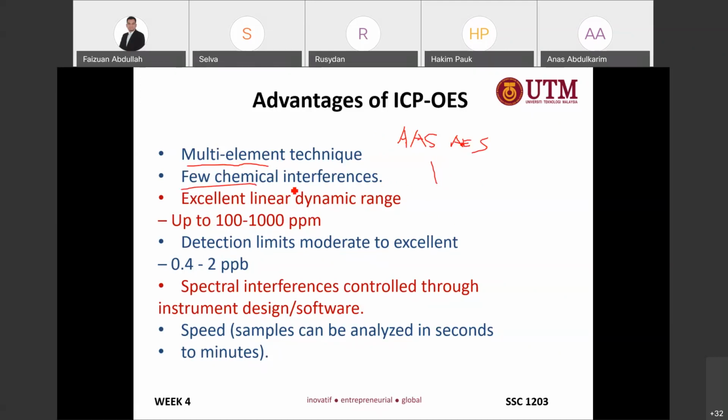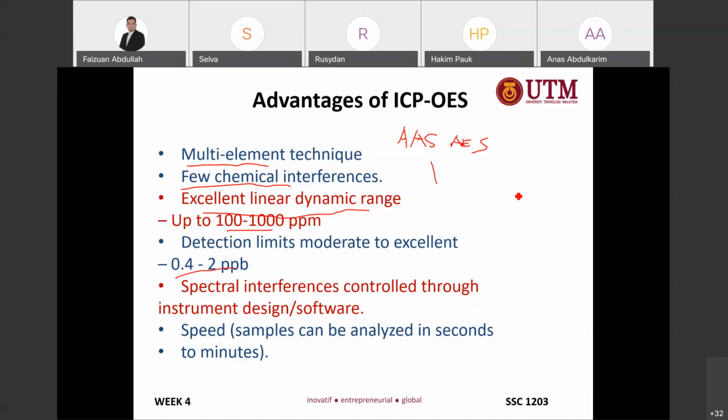It also has fixed chemical interference, excellent linear dynamic range, up to 100 to 1000 ppm, and an excellent detection limit of 0.5 ppb, parts per billion, very low detection limit.